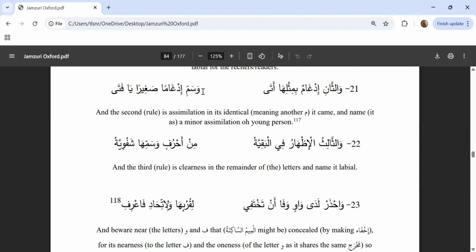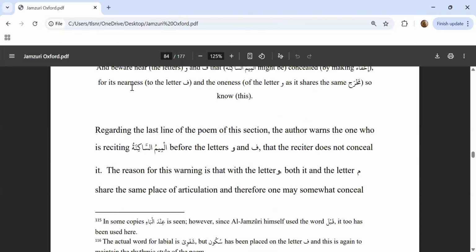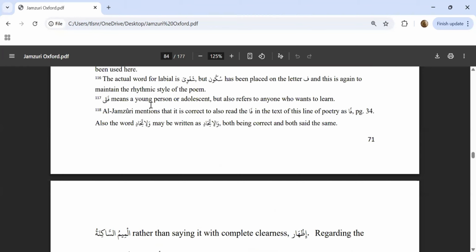Wasammi, and name it, here's our command verb again, and name it idghaman saghiran, a minor assimilation. Ya fata, O young person. And again, the footnote: fata means a young person or adolescent, but it can also refer to anyone who wants to learn.